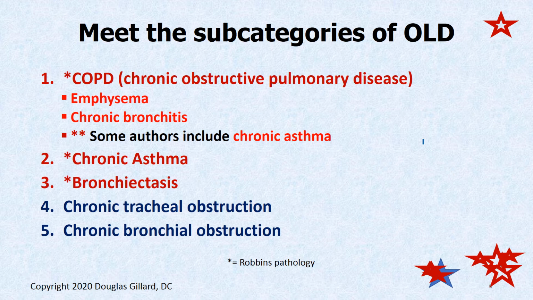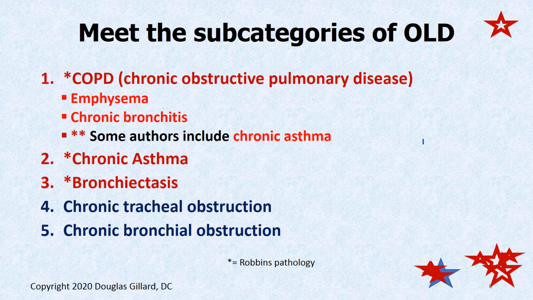Here are the subcategories of obstructive lung disease. We have chronic obstructive pulmonary disease, or COPD, which we've talked a lot about. The subcategories of COPD are emphysema and chronic bronchitis, at least for chiropractors. For medical docs or young medical students and physical therapy students, a lot of the big books include chronic asthma along with emphysema and chronic bronchitis. So check your board reference book.